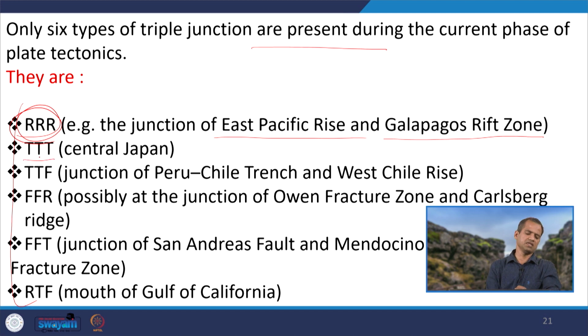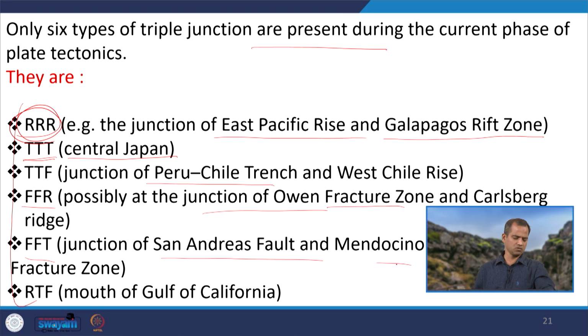TTT is Central Japan. TTF is the Peru-Chile Trench, West Chile. FFR is possibly at the junction of the Wen Fracture Zone and Carlsberg Ridge, FFT is the junction of the San Andreas Fault and the Mendocino Fracture Zone, and RTF is the mouth of the Gulf of California.